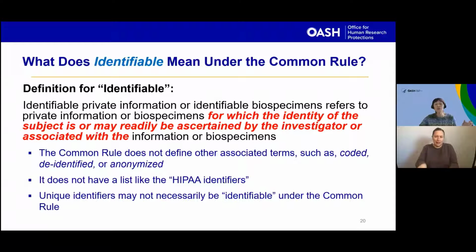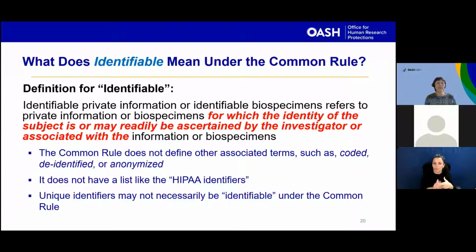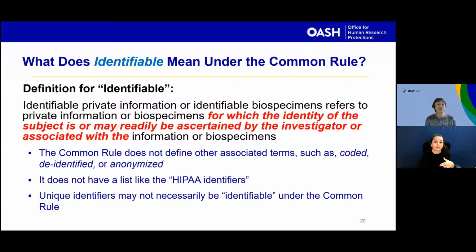I also want to say, unique identifiers themselves may not necessarily mean that it's identifiable under the common rule. What do I mean by that? If you have fingerprints, those are unique identifiers, one would say, right? Fingerprints are unique to a person.